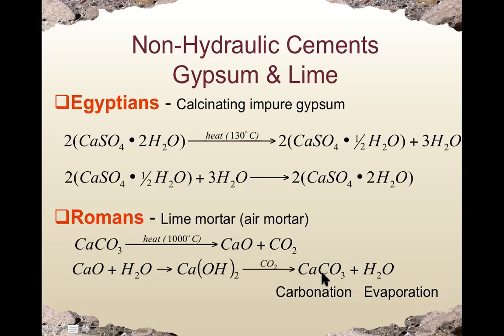So calcium carbonate is very strong under compression. In the process, water will evaporate. Okay, so ancient Egyptians used gypsum and ancient Roman engineers used limestone as their so-called concrete. Okay. As we will see, modern concrete is totally different from what they used thousands of years ago.